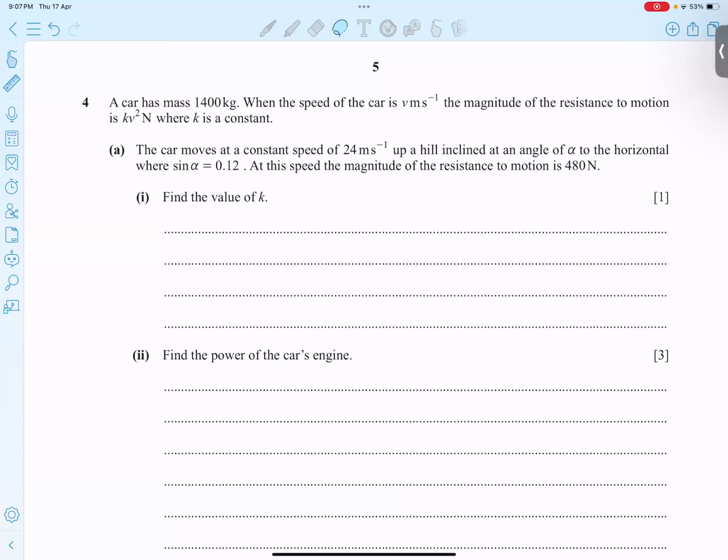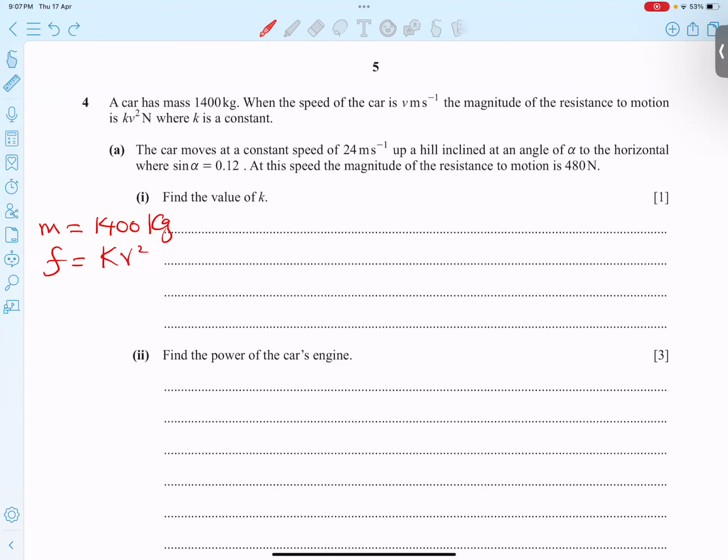Question number 4 we have now, students, of a car of mass 1400 kg. So I'm writing here mass is equal to 1400 kg. The speed of the car is v, and the magnitude of resistance to motion is given by kv squared. The car moves at a constant speed of 24 up the hill.